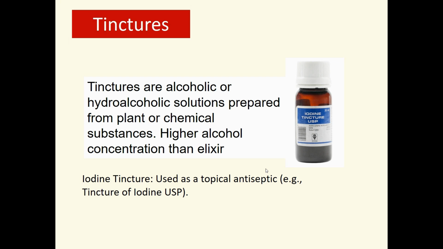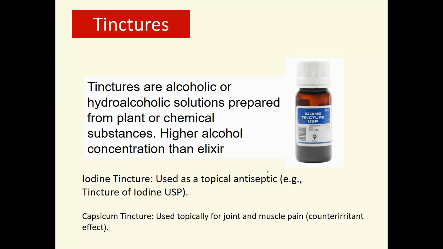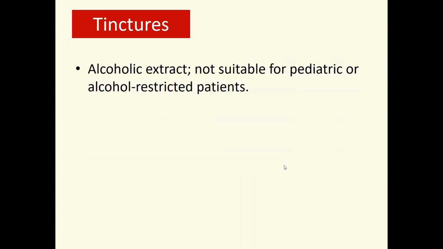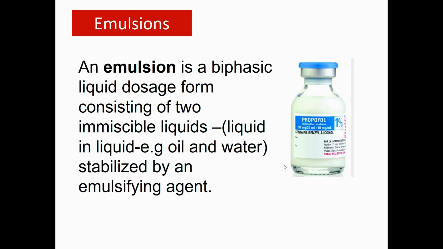Iodine tincture is one of the popular ones, used as a topical antiseptic, and another one is capsicum tincture, used for joint and muscle pains. It works like a counter irritant. The commonly tested question on tinctures is that they are alcoholic extracts, not suitable for pediatric and alcohol-restricted patients.